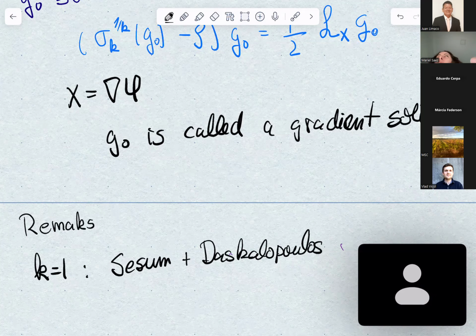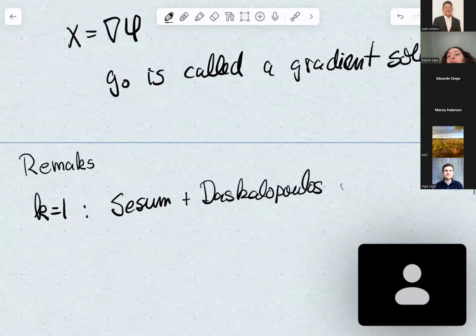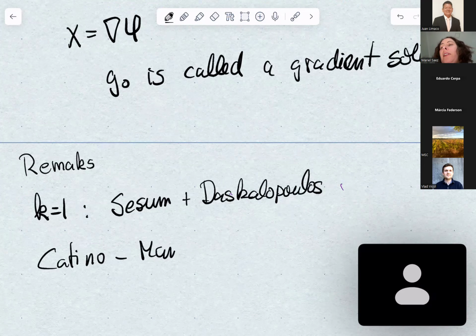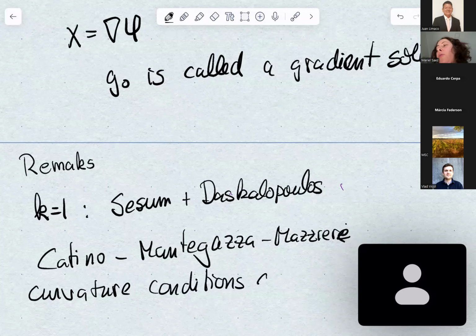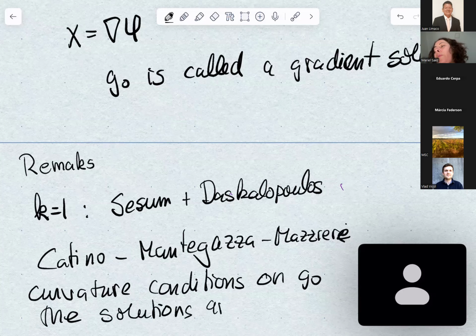And the problem then would be a bit simpler. And in fact, you can show that even in this case, and this was actually shown not by us, but by Catino, Mantegazza, and Mazzieri, that if you impose curvature conditions on G0, then solutions are rotationally symmetric.